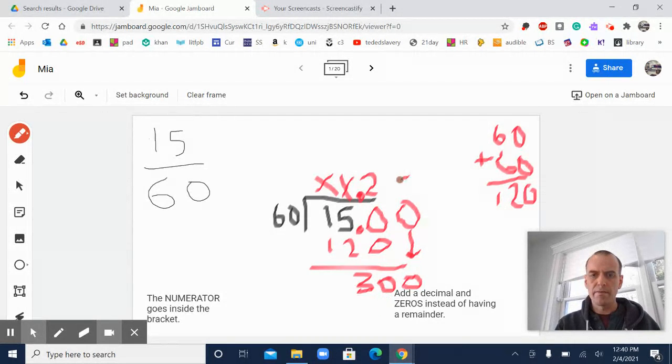So it goes in 5 times. And then we subtract the 300. And that's it. So 15/60ths is the same as 25/100ths.